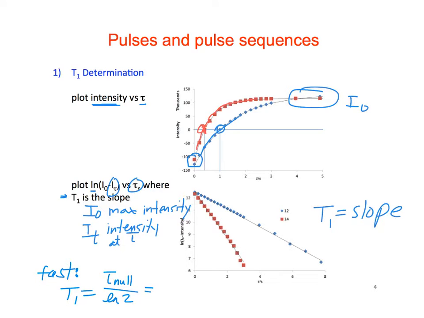So this would also be equal to 1.443 times tau at the null point. Okay? I think this one's not as accurate, but if you needed to know a T1 to know how long you had to have the relaxation delay set up in your experiment, this might be a quick way to do that.